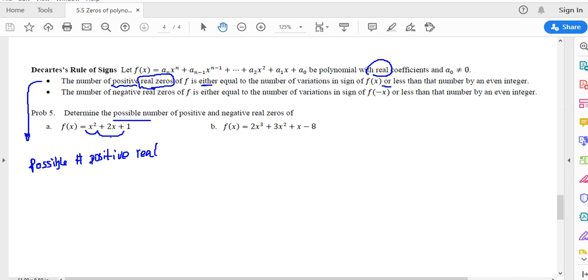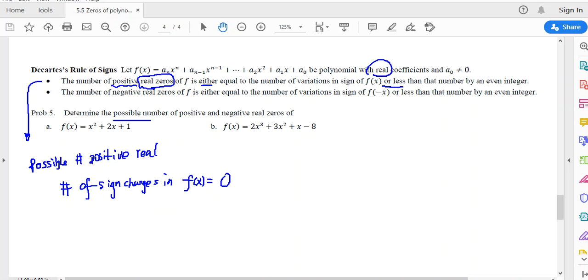That means the number of sign changes in f of x is equal to 0. Therefore, there are no positive real zeros.